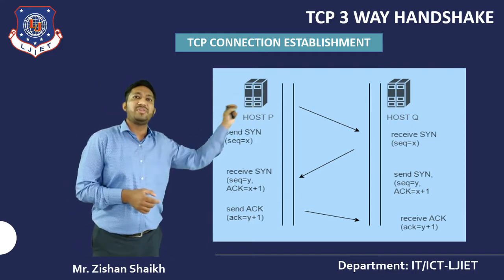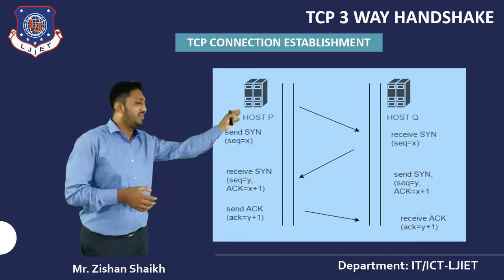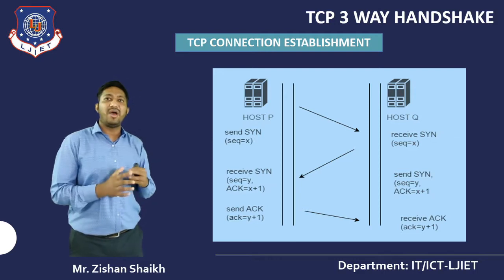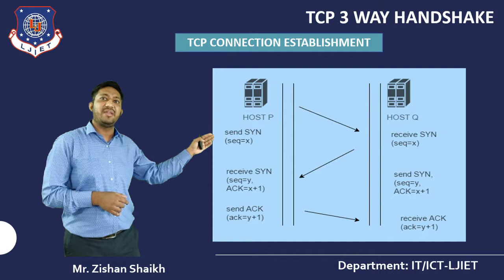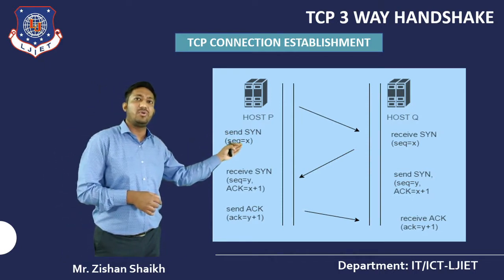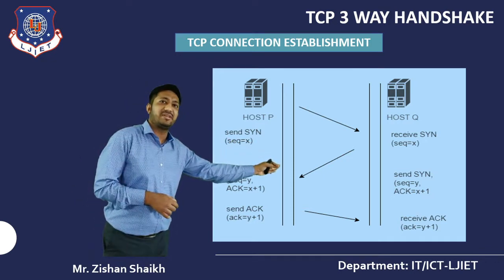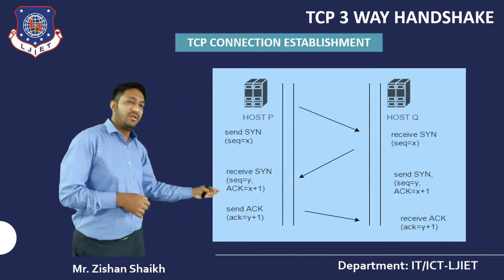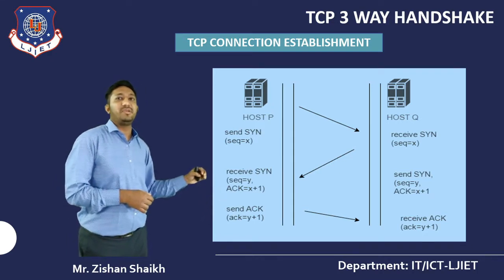Now let's see the figure here. Host P and host Q are available. The steps we just discussed are denoted in this figure. Host P wants to communicate with host Q. On the sender side, it first initiates the sync message, telling that the sequence number is equal to X. After the first step, the server successfully receives the sequence number, and in response it generates two signals: a sequence number plus an acknowledgement number.